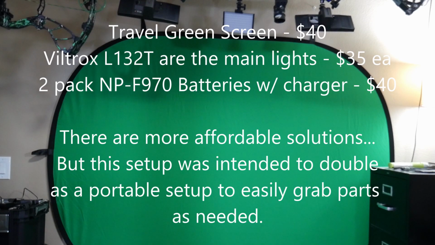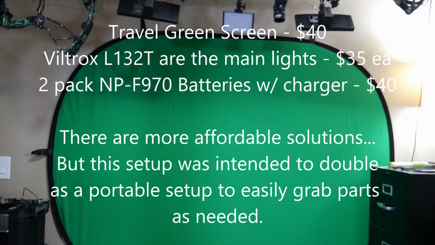Not that they're the best or the only ones available, but I found they're a good light for the price. For 35 bucks, 40 on the outside, and then like I said, you can get a battery. The large size batteries go for about a 2-pack for about $35. So altogether, you get a pretty decent light setup.